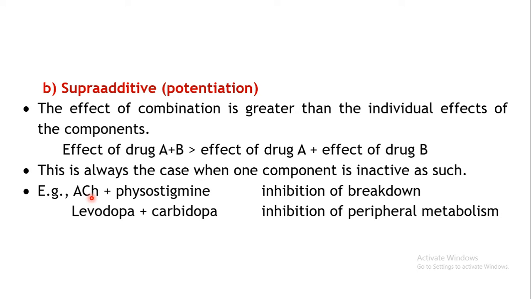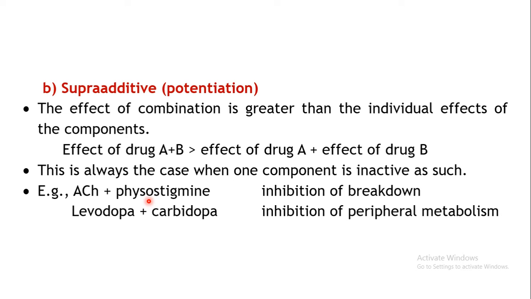But physostigmine does not have any such properties, just like your acetylcholine. Acetylcholine decreases the heart rate, decreases the force of contraction, increases the GI motility. All these are the effects of acetylcholine. But in this pair, physostigmine does not have all these properties. It does not interact with the cholinergic receptor to produce the same action.